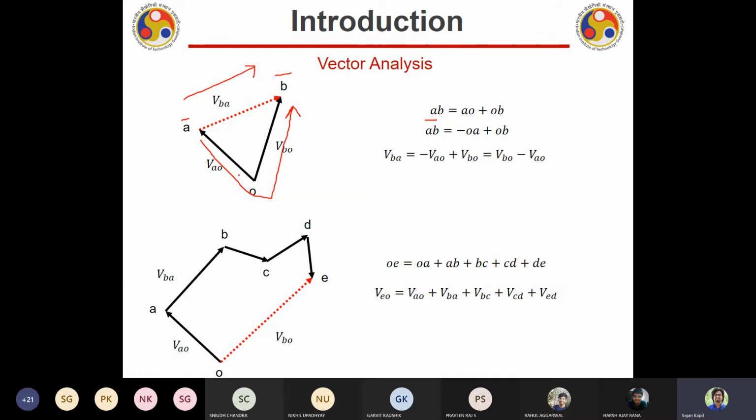And as I'm going opposite to this, this will be minus AO, of course. In vector form, for velocity I'm writing minus velocity of A with respect to O plus velocity of B with respect to O, like this. Or in vector form, I can write it like this: AO plus OB. Correct?